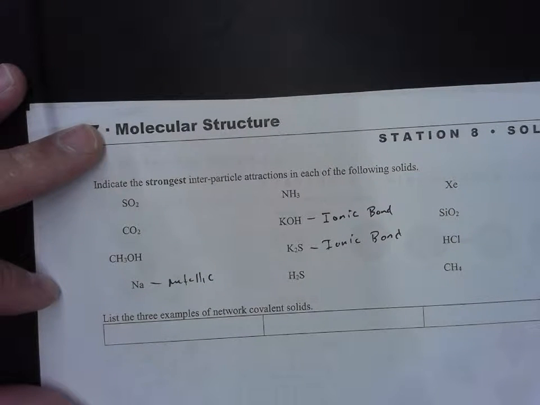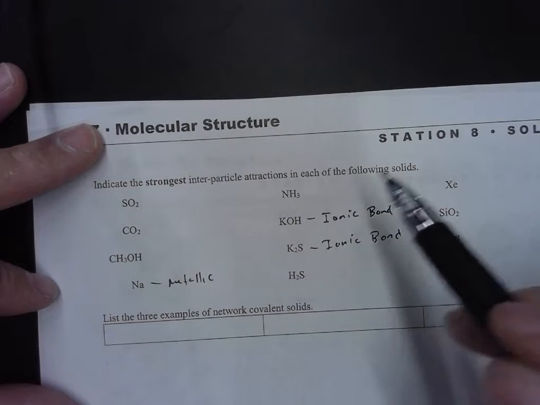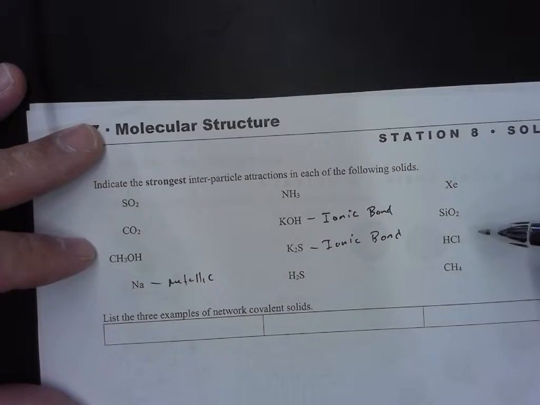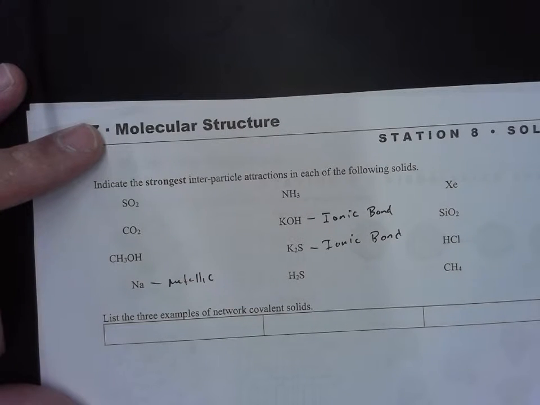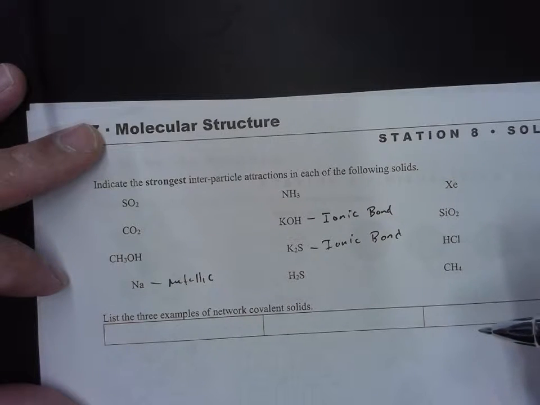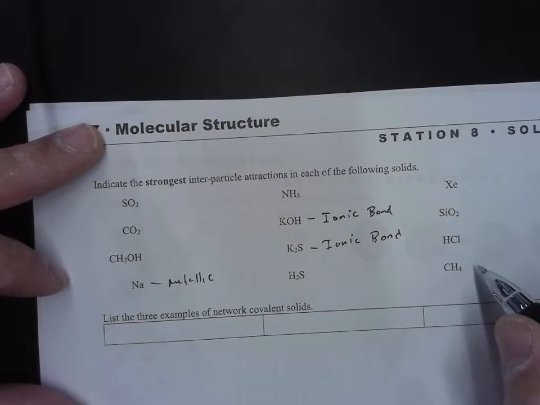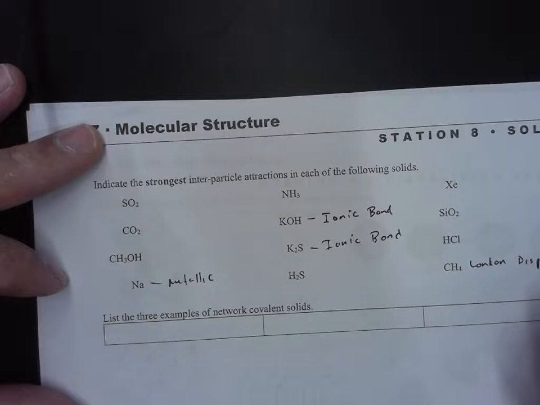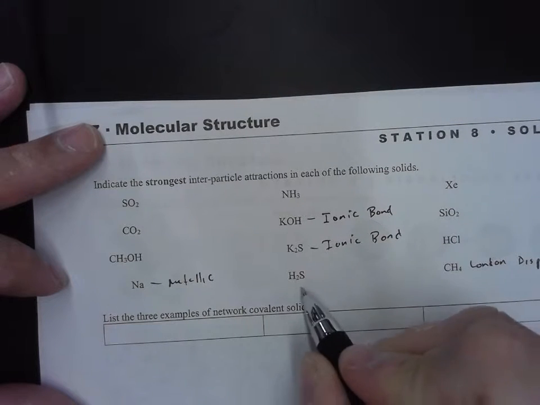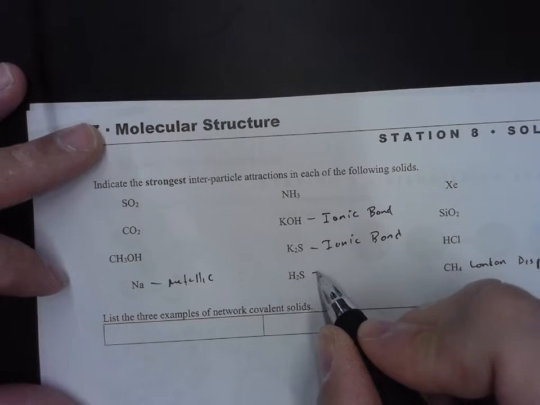Then go through and see if you can find which one of the remaining covalently bonded molecules are nonpolar. If they're nonpolar, it's going to be London dispersion. CH4, nonpolar. London dispersion. H2S, nonpolar. London dispersion.